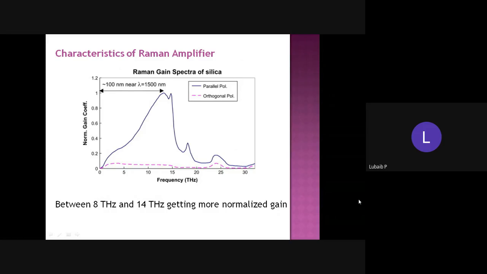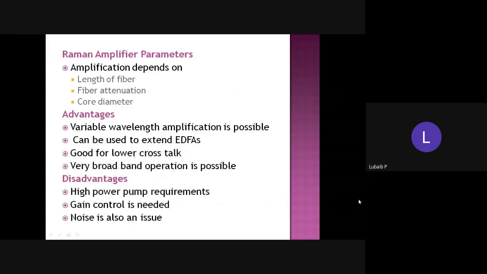In the figure, you can see that between 8 and 14 terahertz you get the maximum normalized gain. These are the characteristics of the Raman amplifier. The amplification depends on the length of the fiber, attenuation, and core diameter.